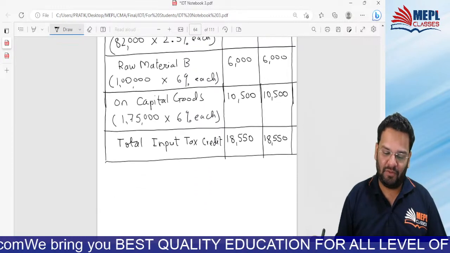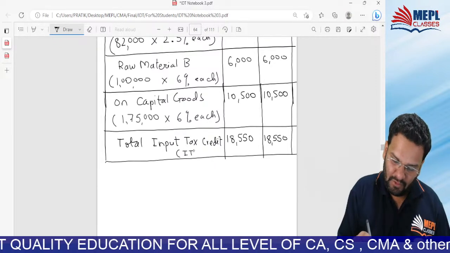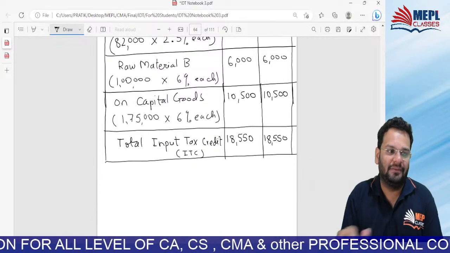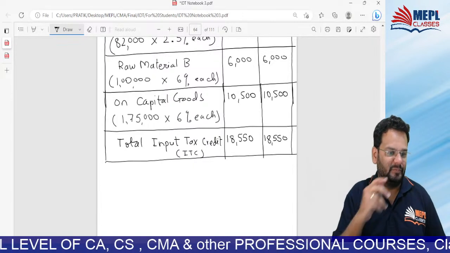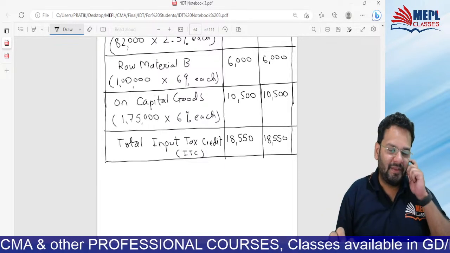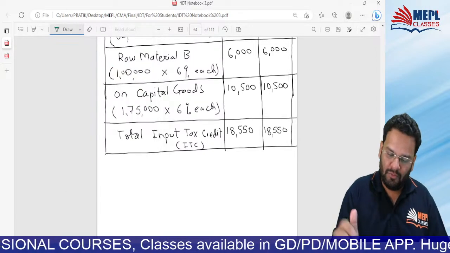Let me know whether you have understood till this point so that we can go ahead and calculate net GST payable. Shall we calculate net GST payable? See now.